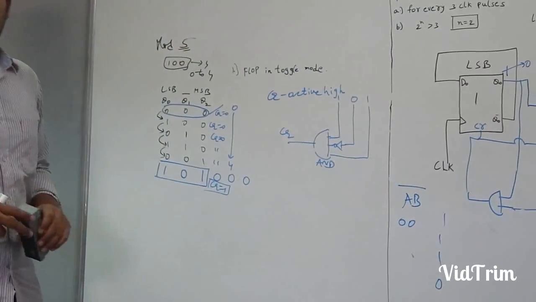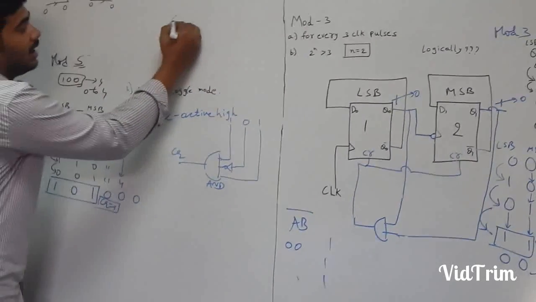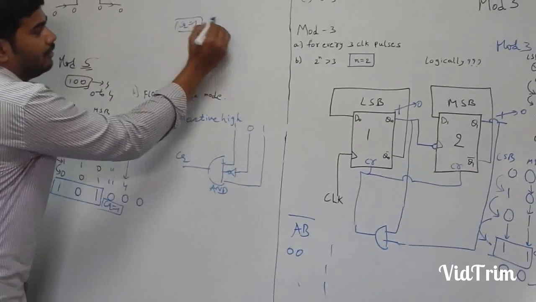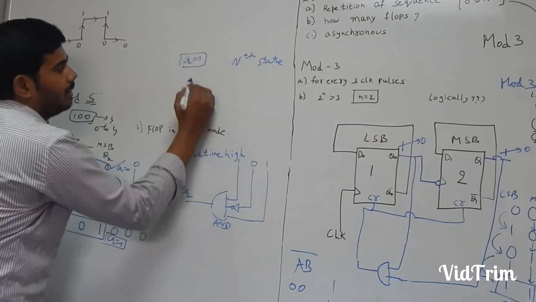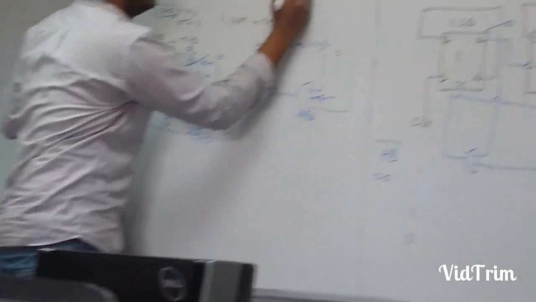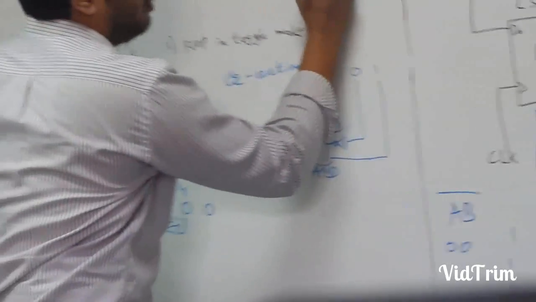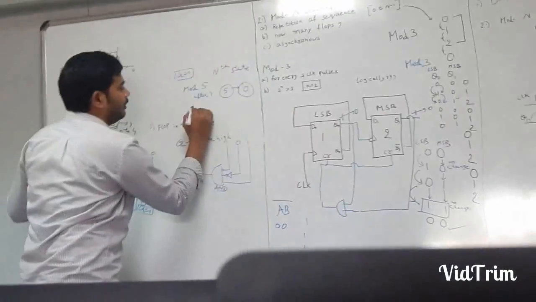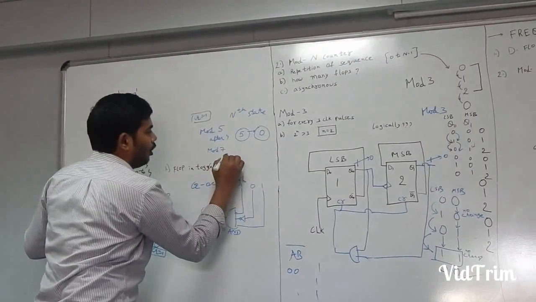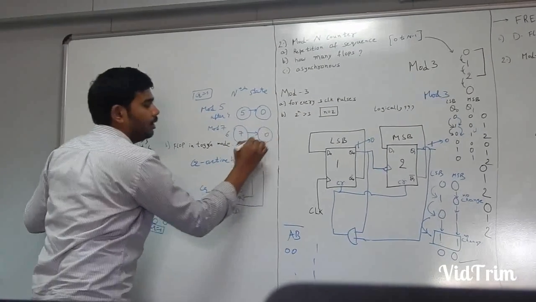You should make the clear pin active for that nth state. Means if it is mod 5, after 4, 5 would come, and you should make this one 0. If it is mod 7, after 6, 7 would come, and this 7 you should make 0. You should do something.